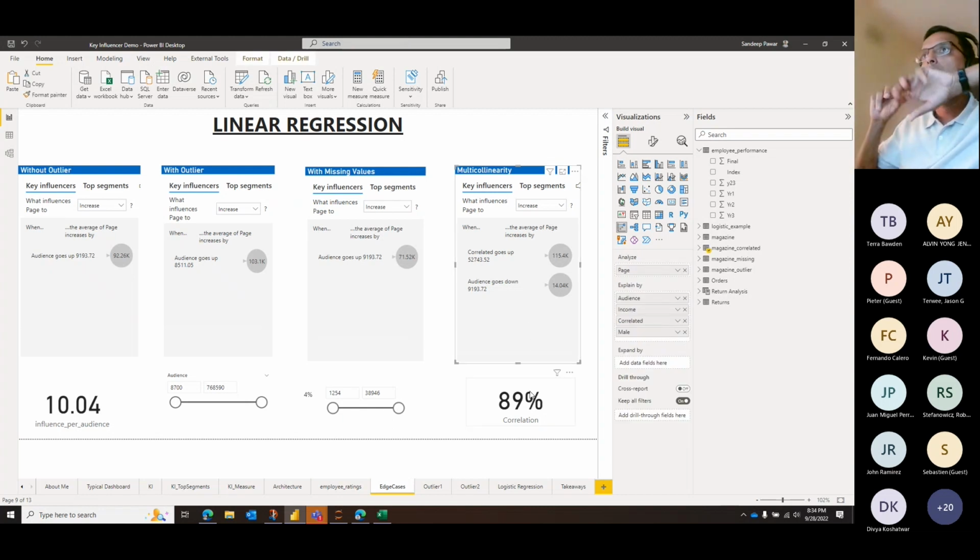So for example, if you have income and education and you drop both, it might pick income and say income is important. If you do the analysis again, it might pick education, because that's how the regularization works in the back end. So again, you have to understand your data a little bit there.